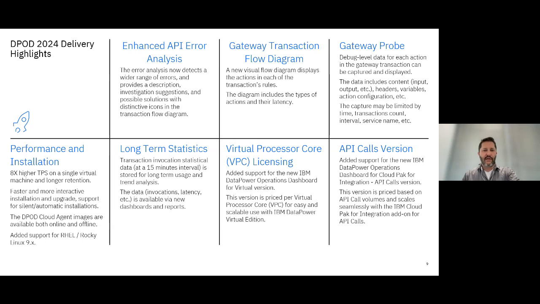We actually added to the error analysis that Depot already had a wider range of errors, as well as additional descriptions, investigation suggestions, and possible solutions, so Depot can suggest different ways of solving the issue.